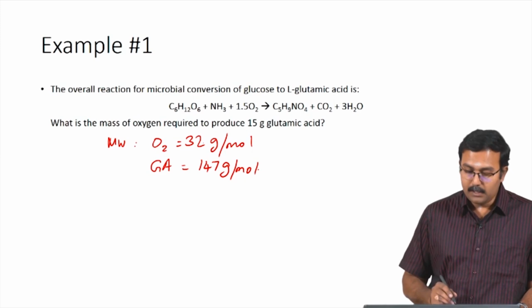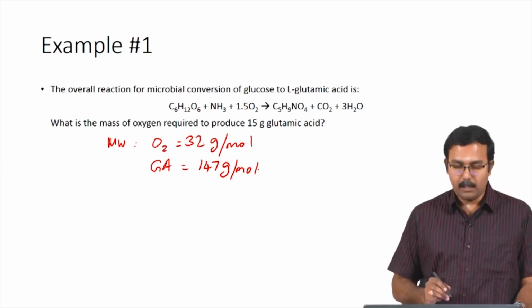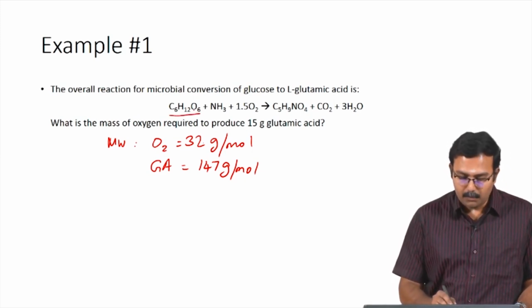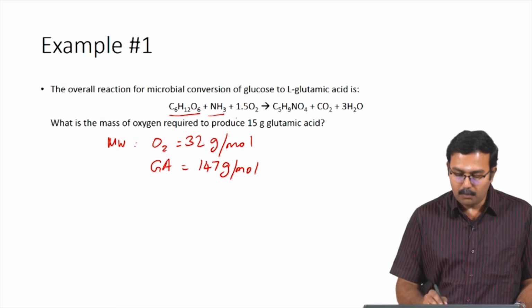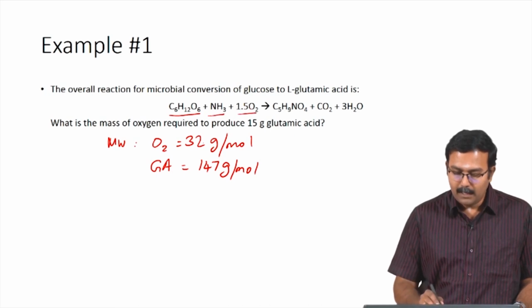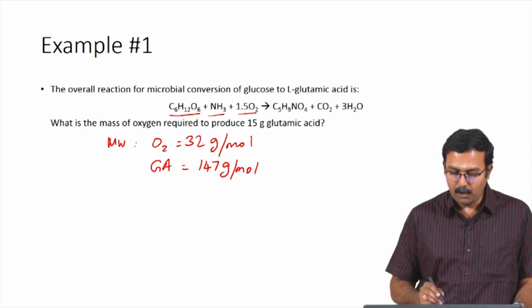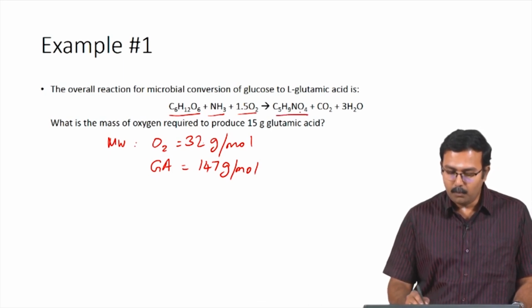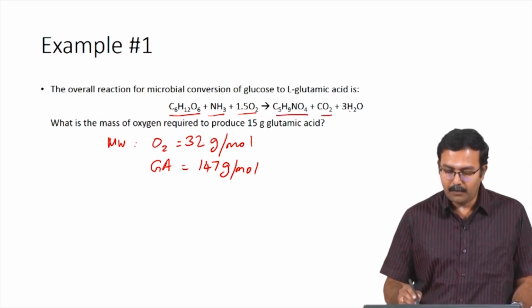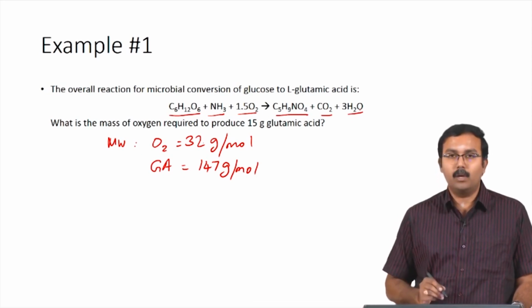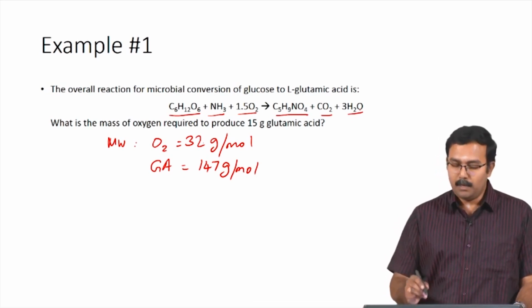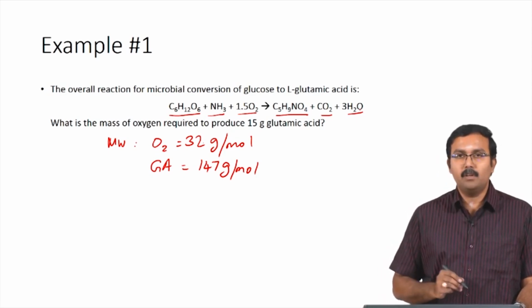So, now that we know this, look at the stoichiometry of the equation. It says that 1 mole of glucose reacts with 1 mole of ammonia and 1.5 moles of oxygen to form 1 mole of glutamic acid, 1 mole of carbon dioxide and 3 moles of water. So, 1 mole of glutamic acid is produced by 1.5 moles of oxygen.